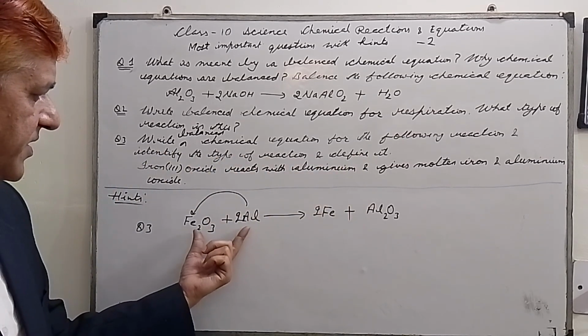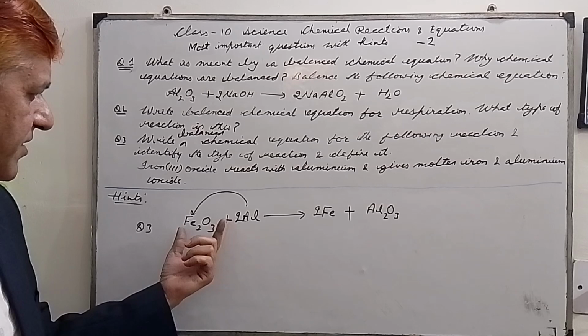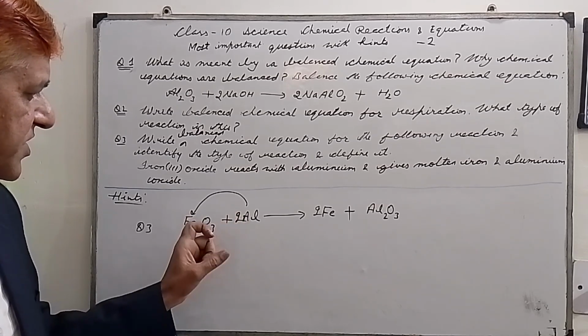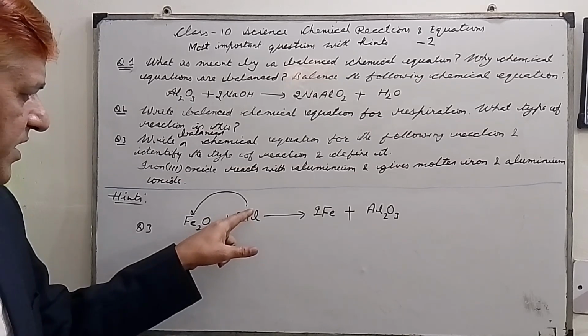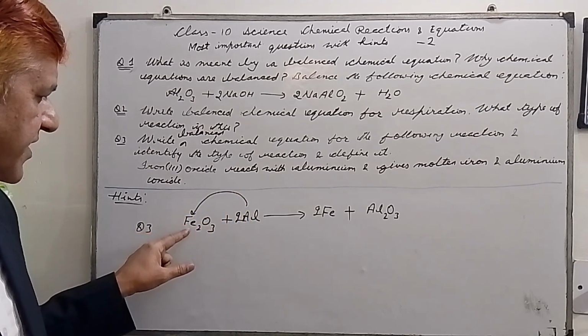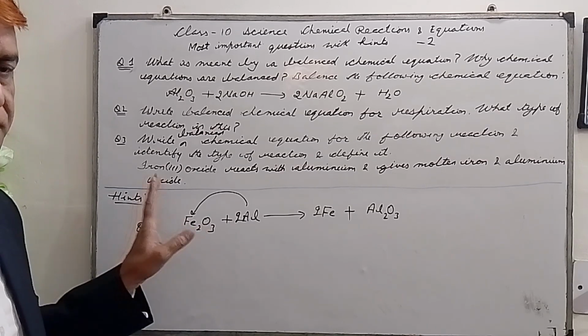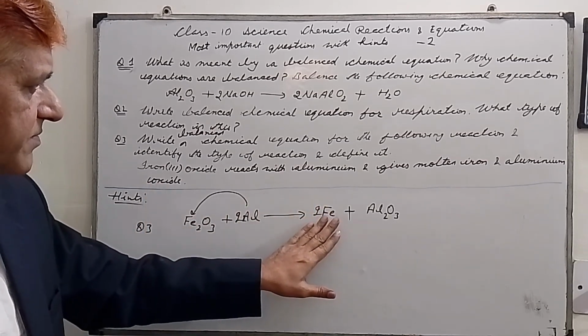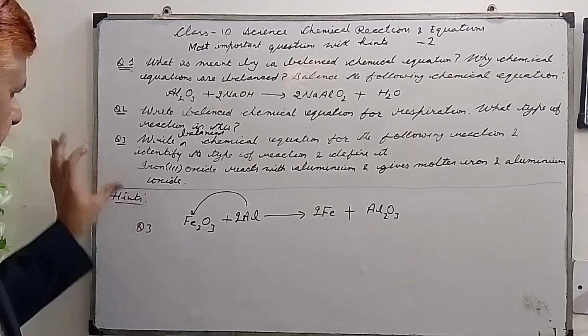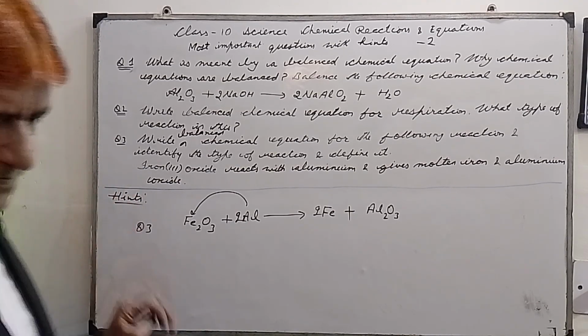A displacement reaction is one in which a more reactive element displaces a less reactive element and takes its place. So that is known as a displacement reaction. So my dear students, this is the answer of question number 3.